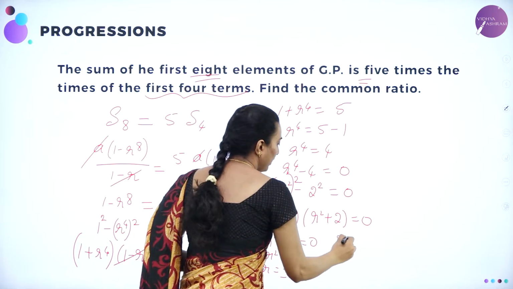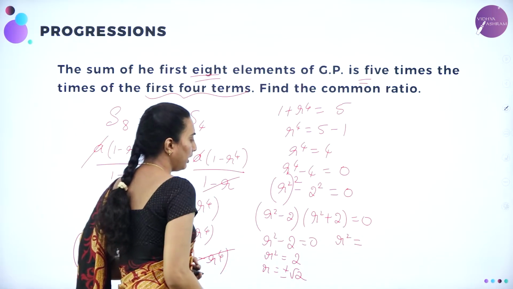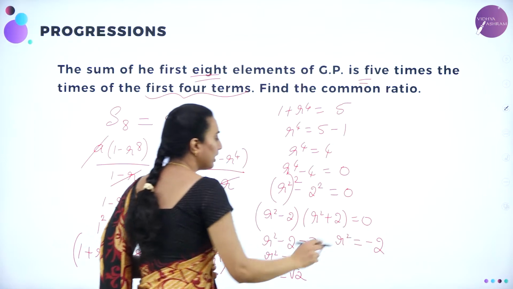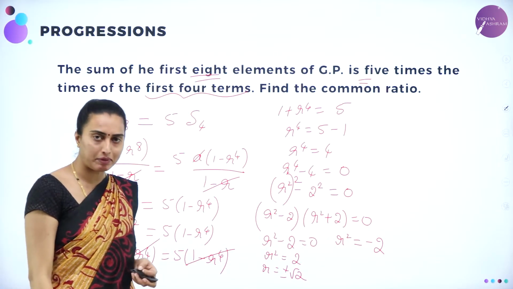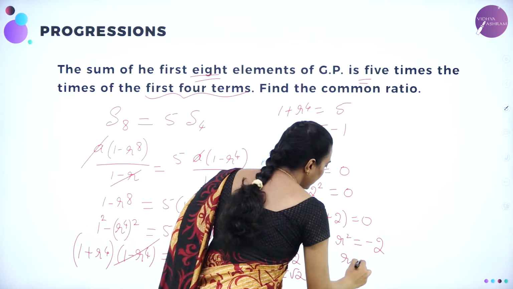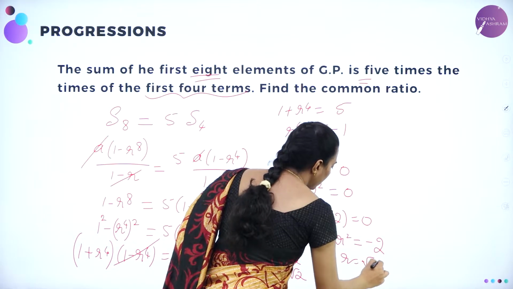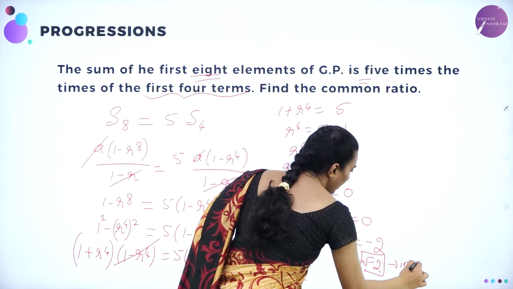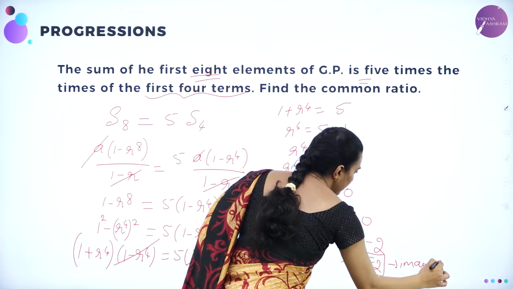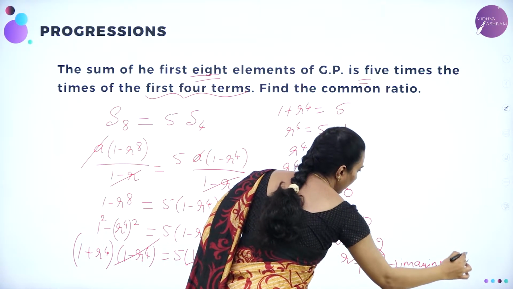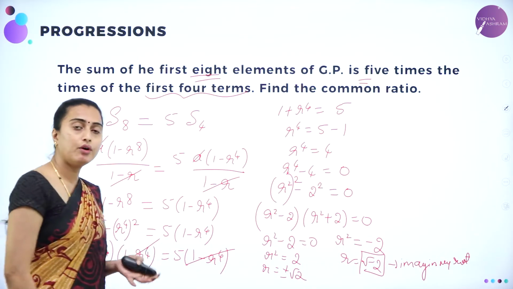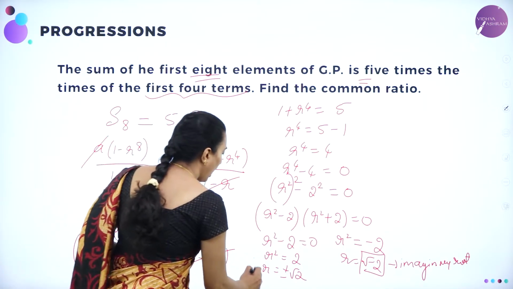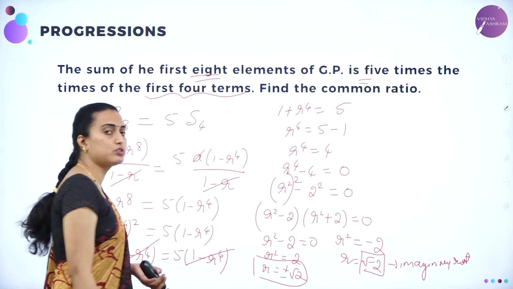Now here r squared is equal to minus 2, so r is equal to square root of minus 2, which is imaginary. We are rejecting this value since it's an imaginary root. Okay, dear students, this is how you are going to solve the problem, where r is equal to plus or minus root 2.